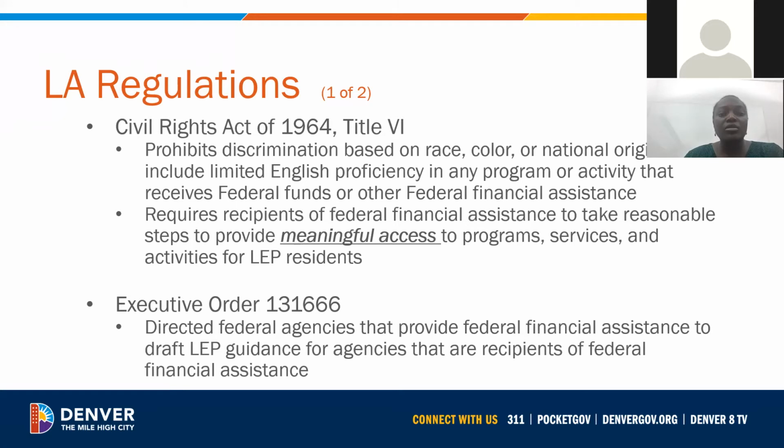You cannot discriminate against these individuals in any program or activity that receives federal funds or other federal financial assistance. And that financial assistance could be as a sub-awardee, as a partial federally funded grant. So it encompasses a lot of different forms of federal funding.